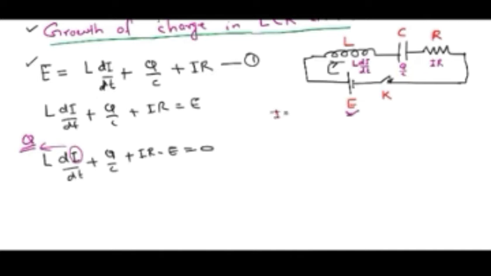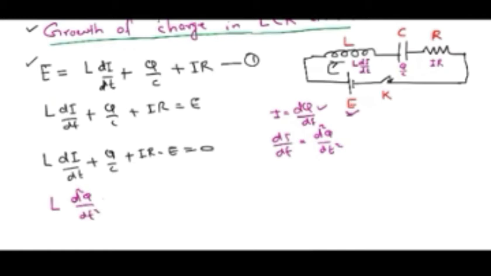Then di by dt is equal to d square Q by dt square, differentiating once again. Therefore, this equation can be written as L into d square Q by dt square plus Q by C plus dQ by dt into R minus E is equal to 0.